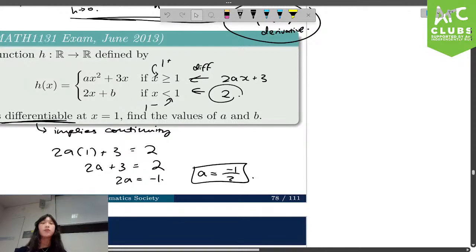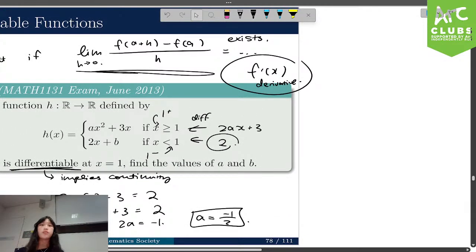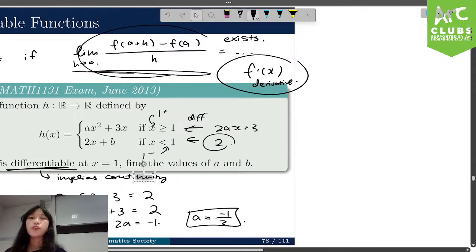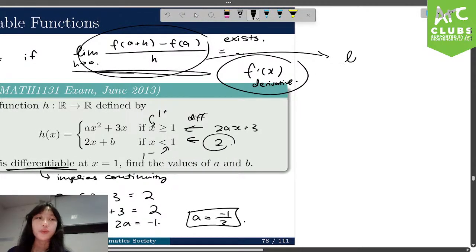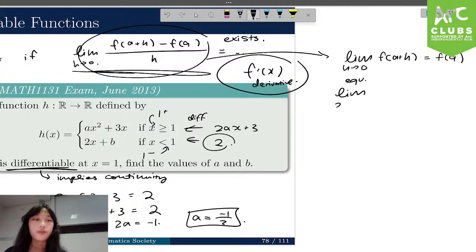That's for reasons that you can derive from this difference quotient definition of differentiability. You can push from this, to this. Yeah, which is equivalent to this.